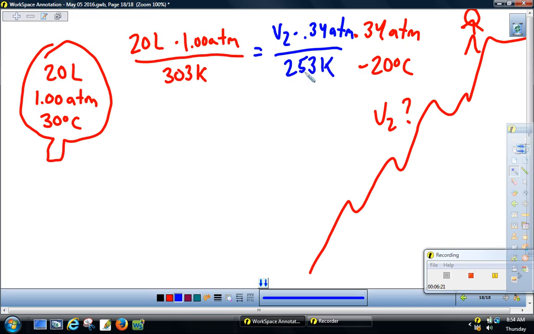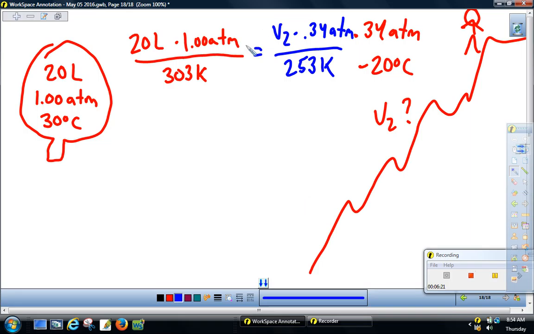So temperature is decreasing by about 15 to 18%. So that's going to make the balloon get smaller, but pressure is decreasing by about 2/3, and so that should make the balloon get about 3 times bigger, right? So if pressure is being decreased by a factor of 3, the balloon should triple in size. So we have conflicting information, but the pressure change is bigger than the temperature change, so our balloon should get bigger. So let's see what happens.